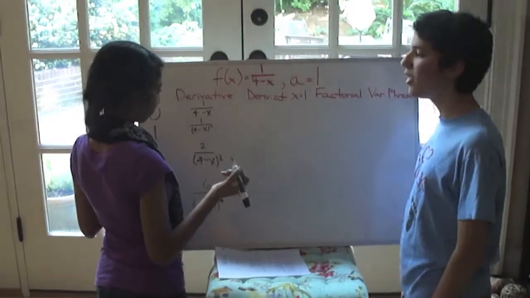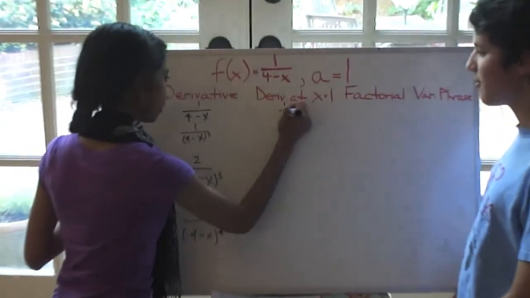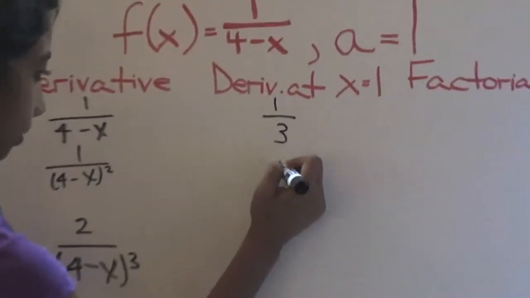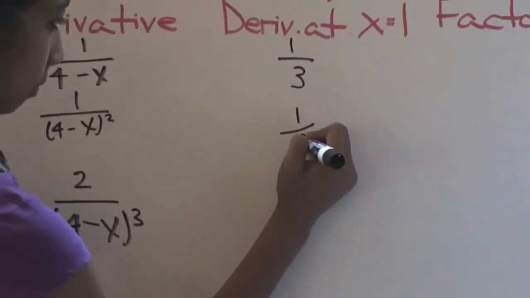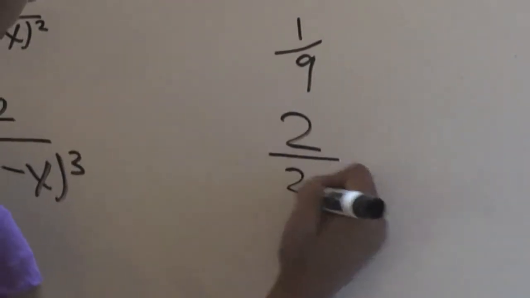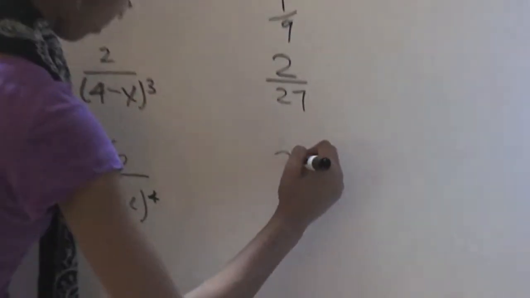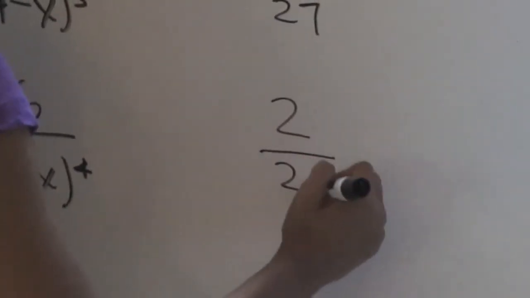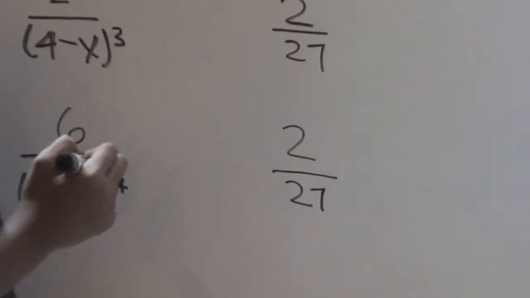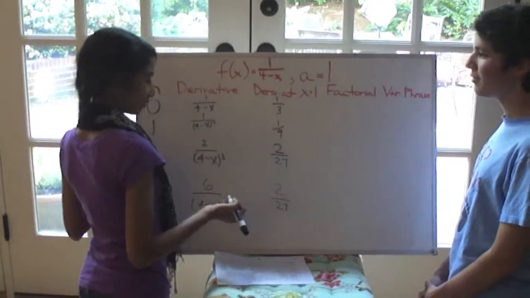Then you'll plug in 1 for x in each derivative. And then plug in n for n factorial.